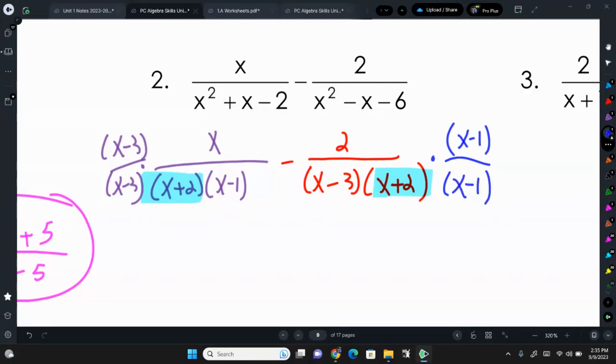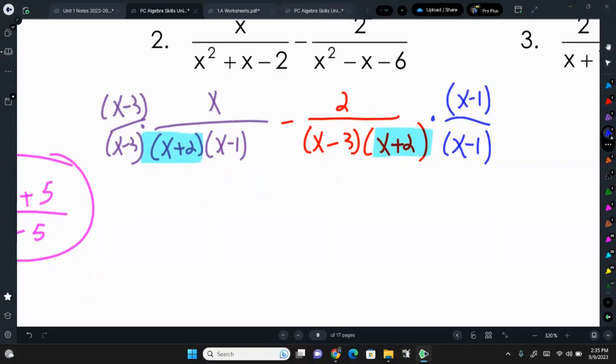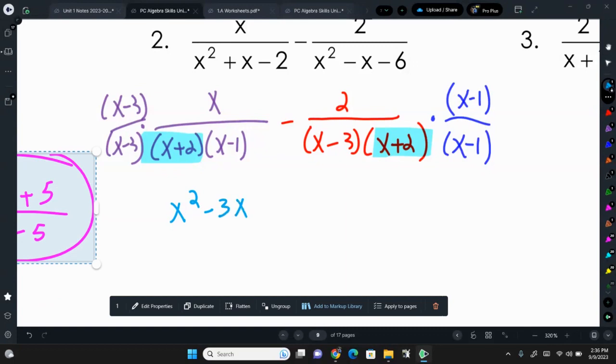And now we're not going to multiply out that denominator. We're going to leave it all in factored form. But the numerators we are going to distribute. So the first fraction, distribute the x minus 3 into the x. That becomes x squared minus 3x.